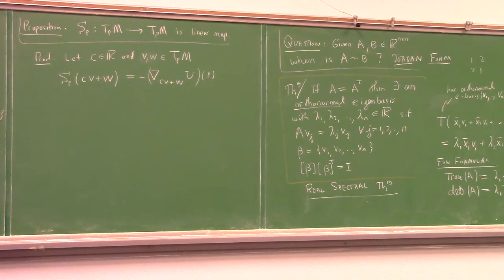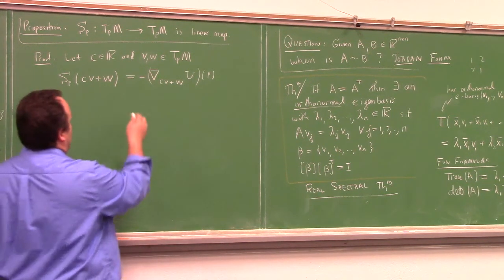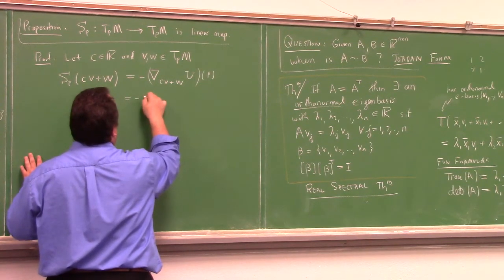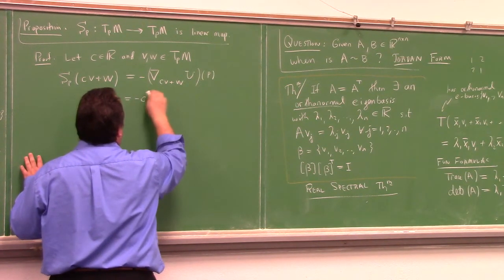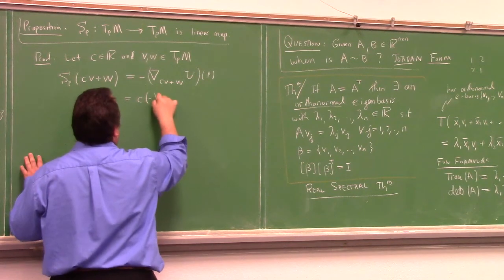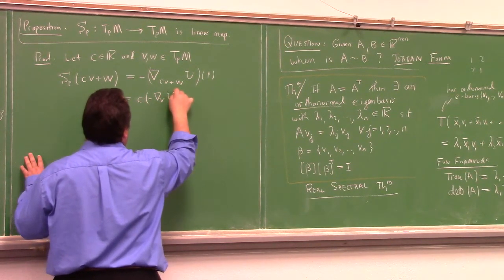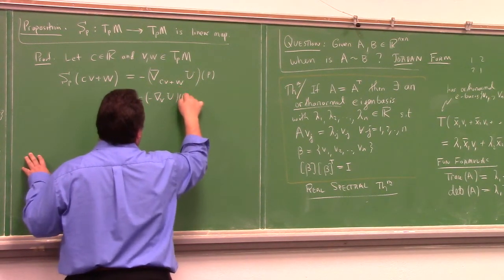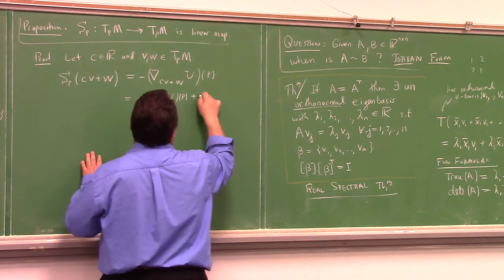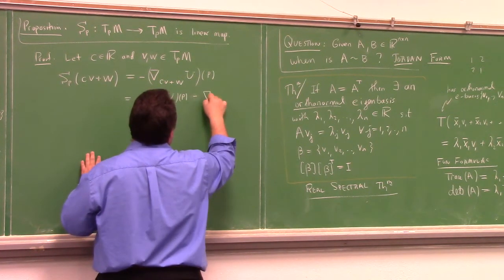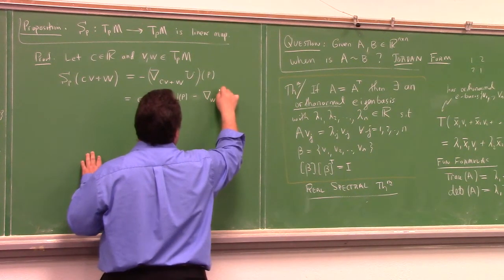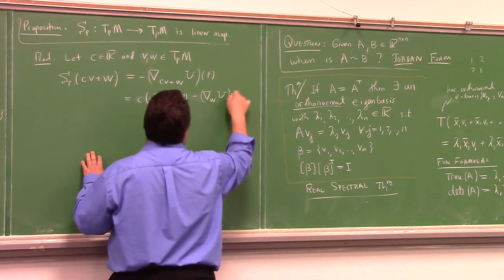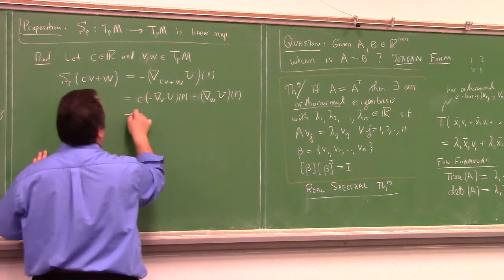It's essentially immediately true by properties of the covariant derivative, right? By properties of the covariant derivative on R^3, we can pull c out. And then S_p(v) plus S_p(w) are the covariant derivatives of the unit normal.